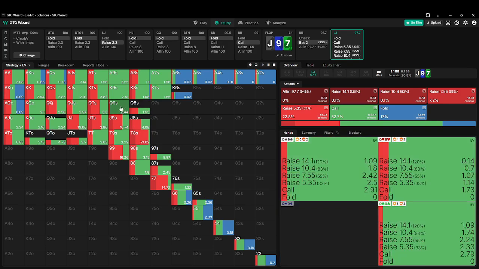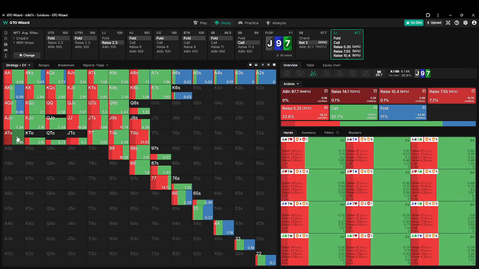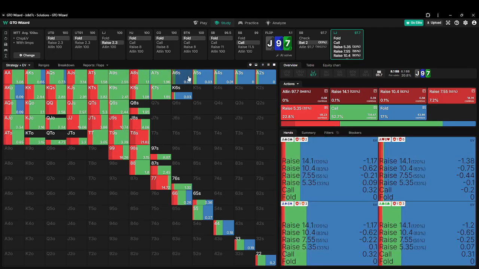And so the checks are coming from these middle pair type hands, or hands with some decent showdown value, like a lot of the ace-X. But we're folding the weaker ace-X where you only have one overcard; those make sense to be folding for the most part.